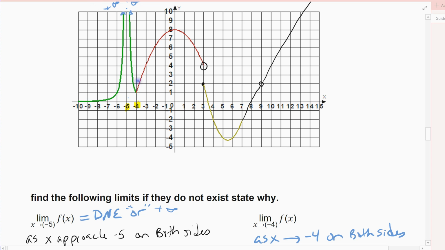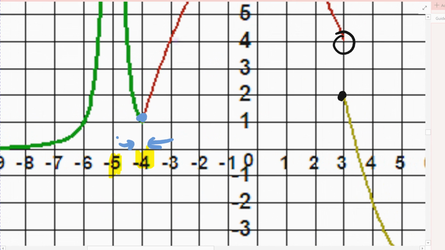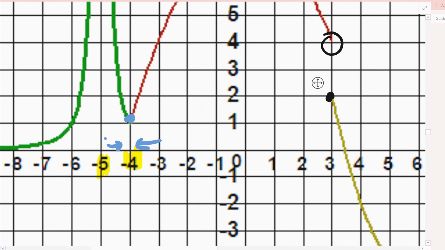It was coming down and it had this moment and then going up. But from the left of -4 and from the right of -4, if I zoom in, if I go up to my function here, I'm on the left side. It's approaching this moment, this point. Well, that point would be -4, 1.